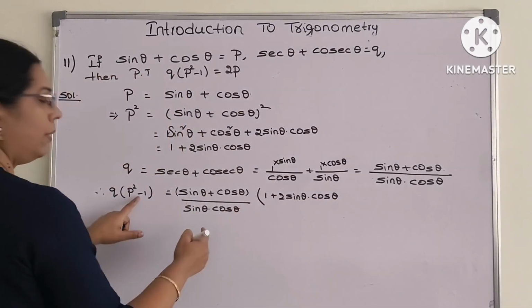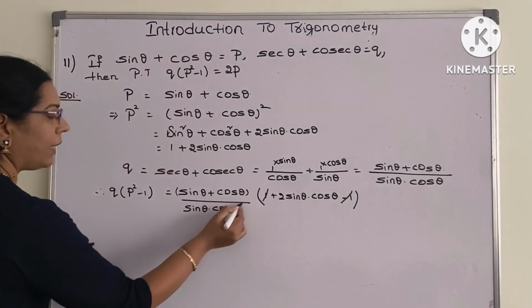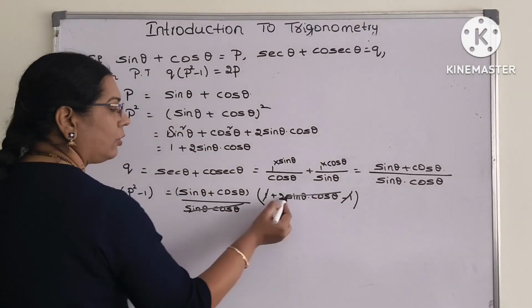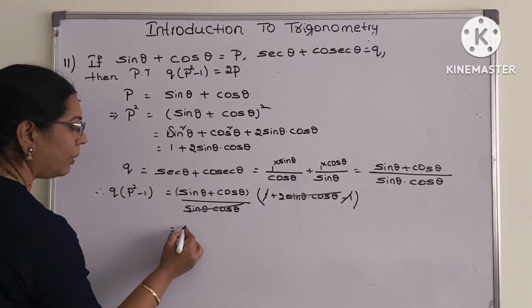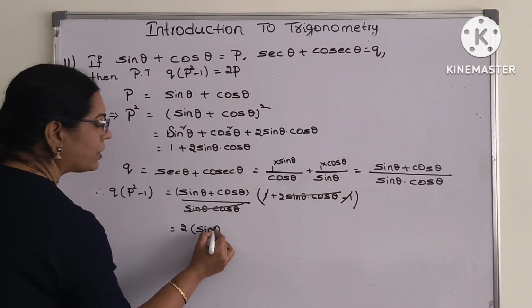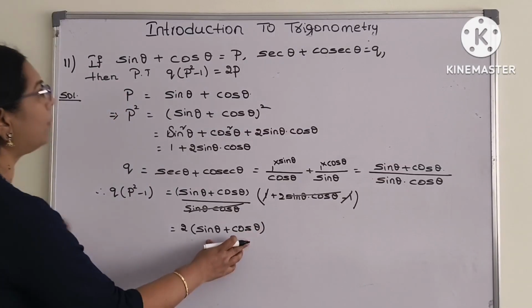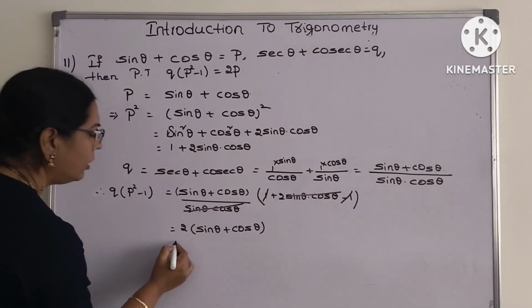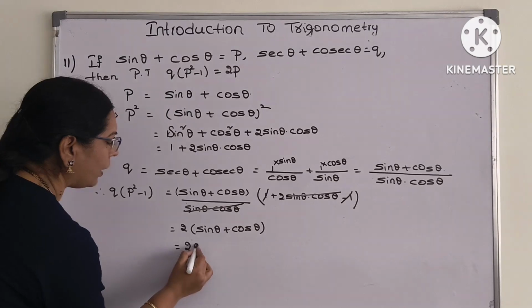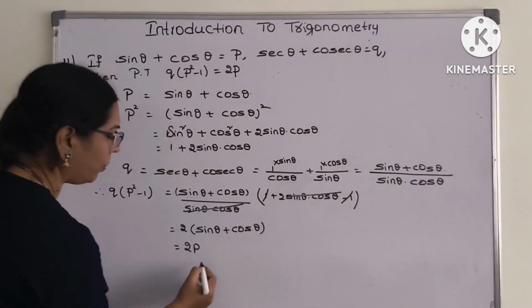And then there is a minus 1. Minus 1 plus 1 will be cancelled. Sin theta into cos theta, sin theta into cos theta will be cancelled. So this will be basically 2 into (sin theta plus cos theta). And what is sin theta plus cos theta given as? P. So 2P. So we have proved Q into (P square minus 1) is equal to 2P.